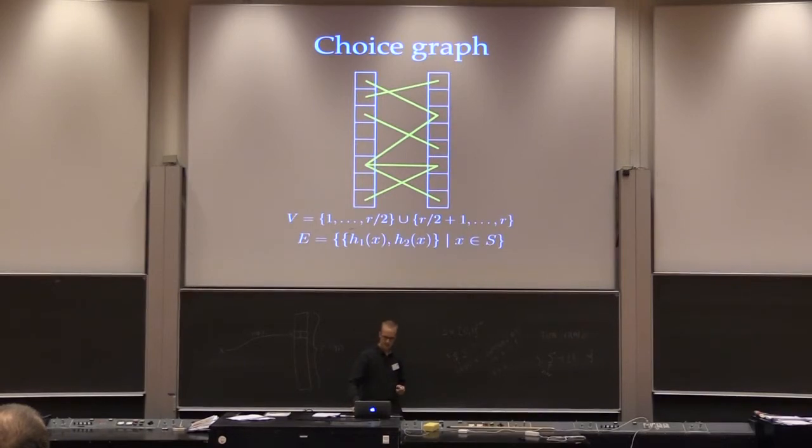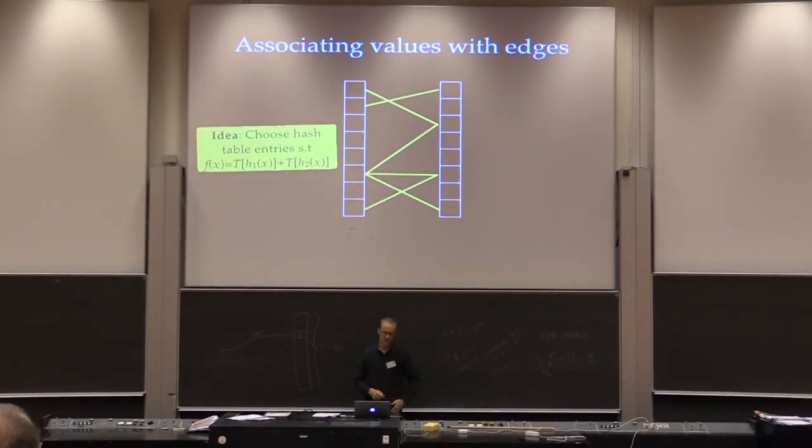So now the idea here is to choose hash table entries such that to get a particular value, we just compute the hash values and we look up the corresponding entries and add them up. Okay. So does this work? Let's try on this graph.